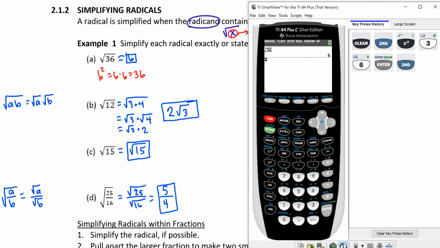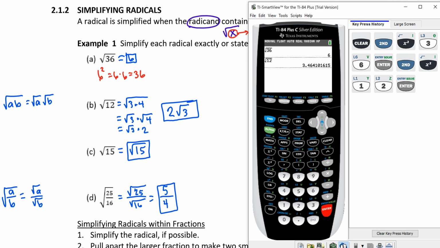Now, if we try to evaluate something like square root of 12, which is not a perfect square, the calculator is going to approximate the irrational number. Square root of 12 is actually a non-terminating, non-repeating decimal, but our calculator is going to approximate it with several decimal places. So we get approximately 3.46.